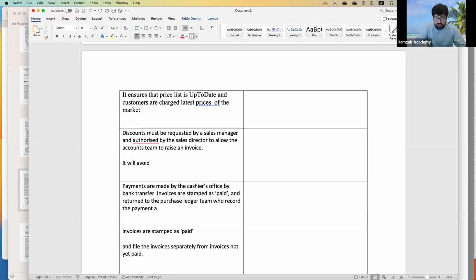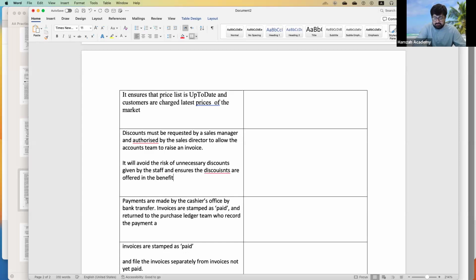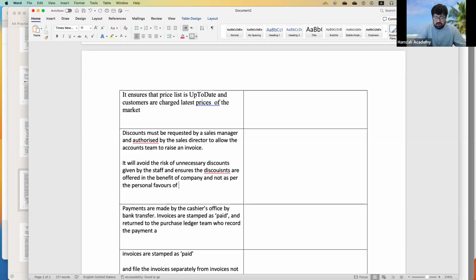So it will avoid the risk of unnecessary discounts given by the staff, and ensures the discounts are offered in the benefit of company and not as per the personal favors of the employees.